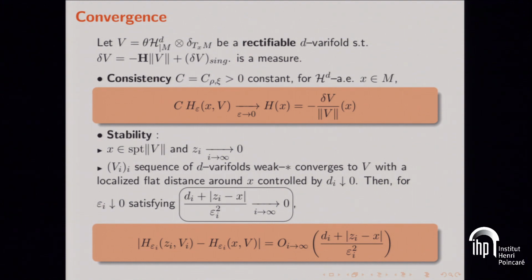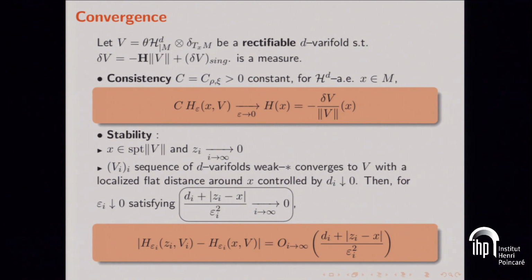As soon as you can define a generalized curvature on your object, then you will have convergence of the approximate one. So for the consistency, it's not difficult. What about the convergence?